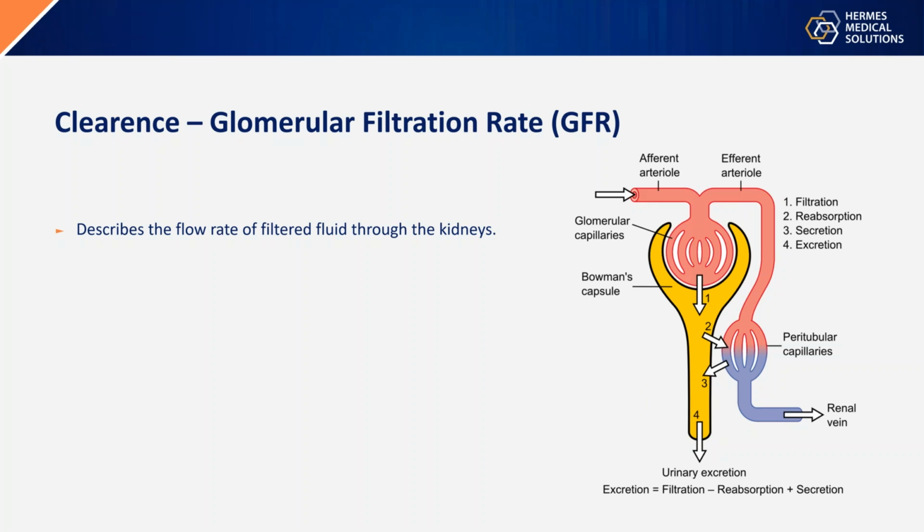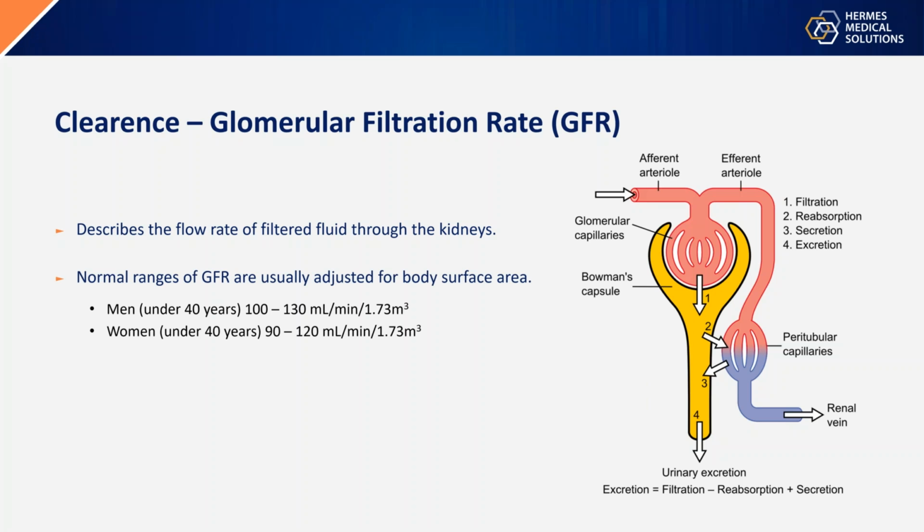Then the blood continues, and it can actually repeat the process further down the line in the peritubular capillaries as well, before the renal vein expunges the blood from the kidney back into the rest of the body. So we want to measure the speed with which the blood is cleaned in this process.